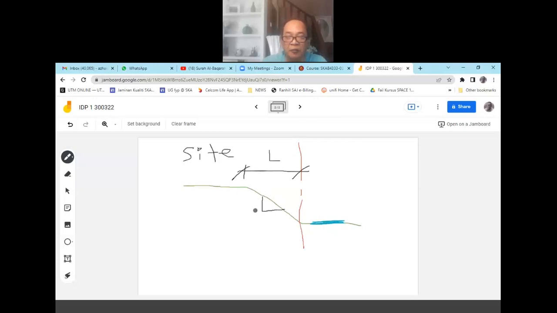If we have a one-to-one slope, and the existing level is, let's say, 15.5, and we are proposing something like 19.5, we have a 4-meter difference between these two levels.